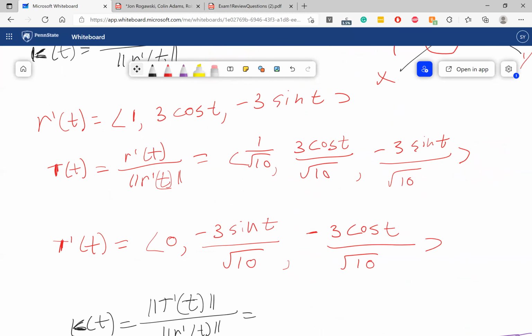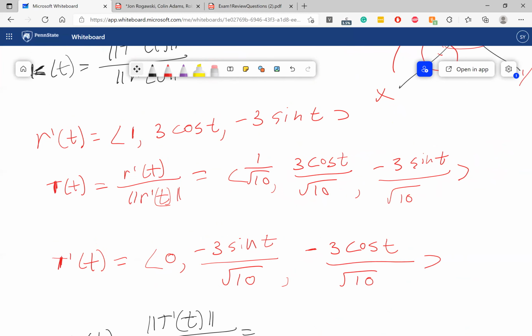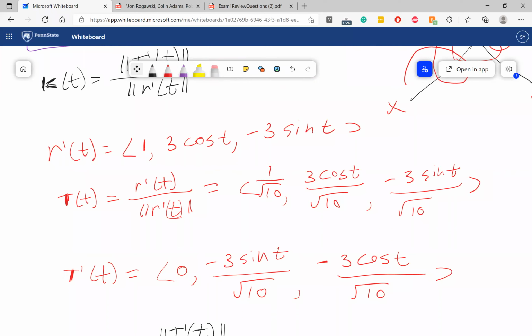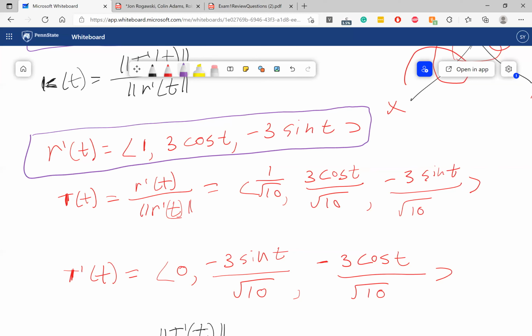So you don't plug in a value. The question is, what is the magnitude of this vector over here? So if you take this and you square it, and you take this and you square it, and you take that and you square it, you take out the 3. So you have 9 plus 1, and you take the square root of that. That's the square root of 10. Does that make sense? Any other questions?